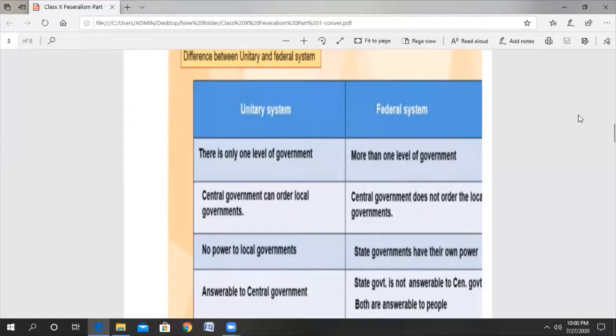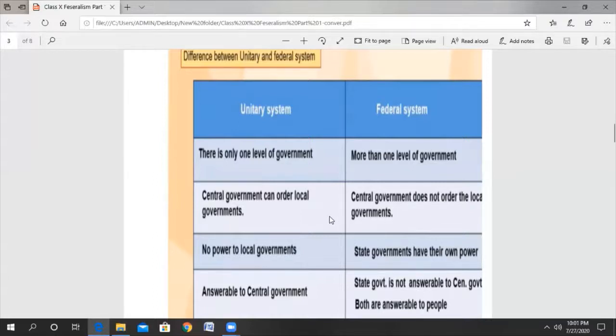For example, the United Kingdom is the best example of a unitary form of government. The prominent feature of the federal form of government is that we have more than one level of government. Our own country, India, is the best example of a federal form of government. We have central, state, as well as local governments.